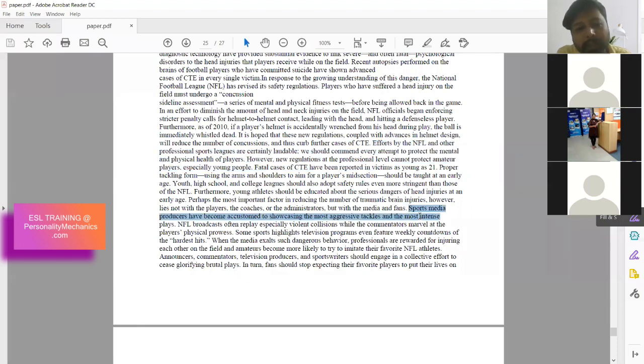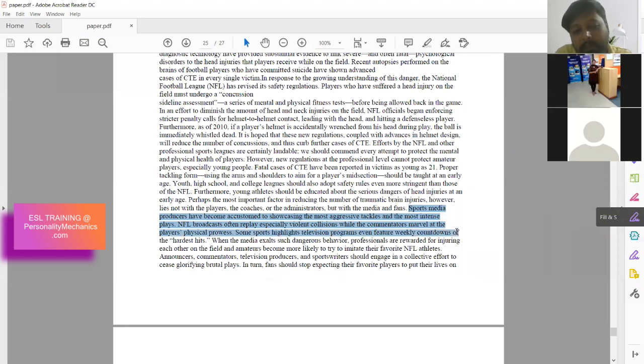accustomed to showcasing the most aggressive tackles and most intense plays. NFL broadcasts often replay especially violent collisions, while the commentators marvel at the players' physical prowess. Some sports highlight television programs even feature weekly countdowns of the hardest hits when media exalts such dangerous behavior.